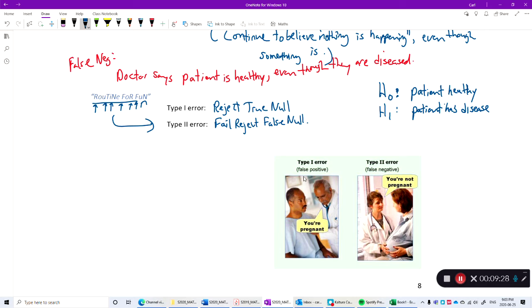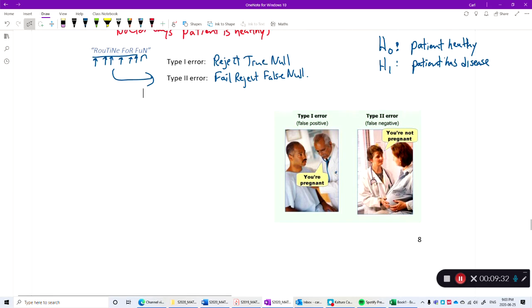And the last way to remember this is this kind of funny cartoon here, or maybe funny stupid is the word. What's the default? Say we're talking about pregnancy. The null hypothesis is that you're not pregnant, right? Typically, a person is not pregnant. Even a woman generally is not pregnant. The alternative would be that they are pregnant.